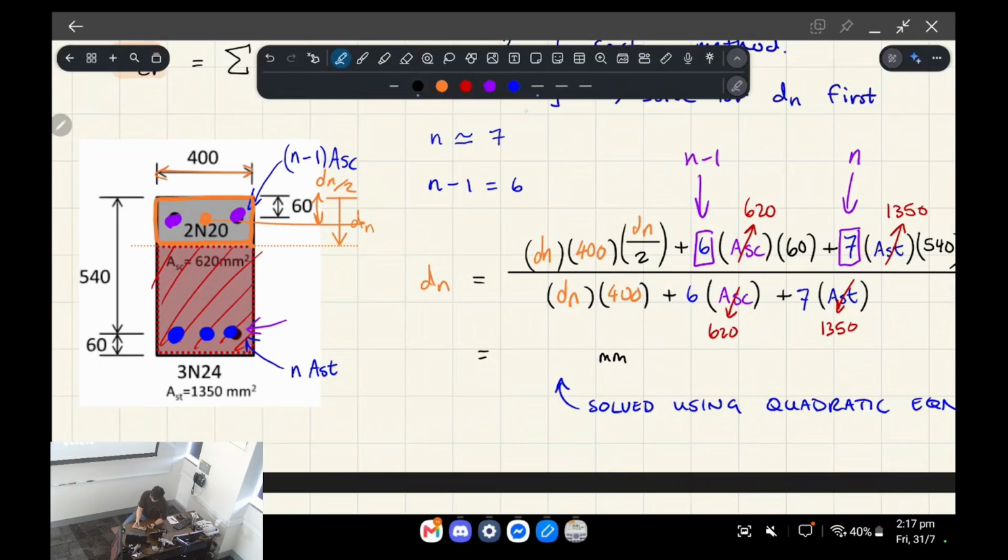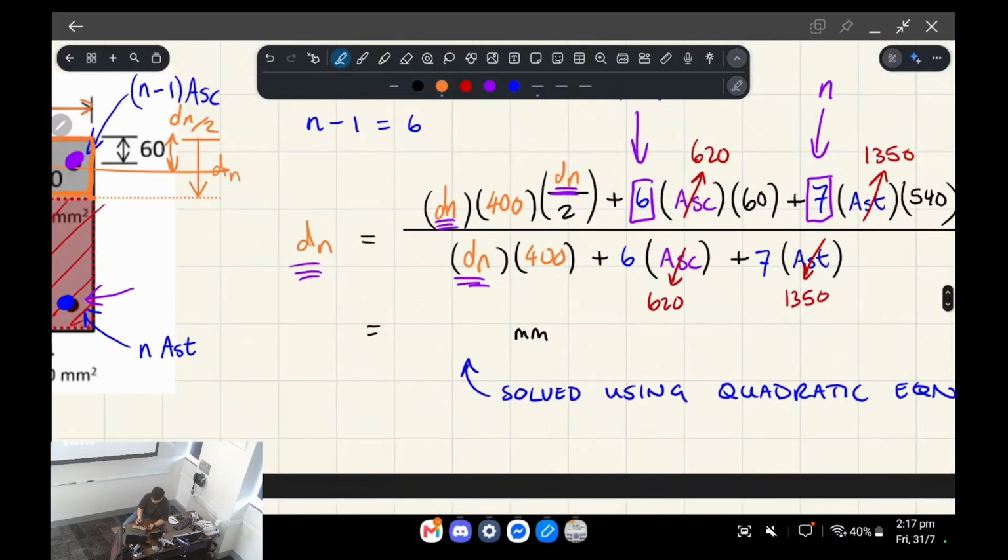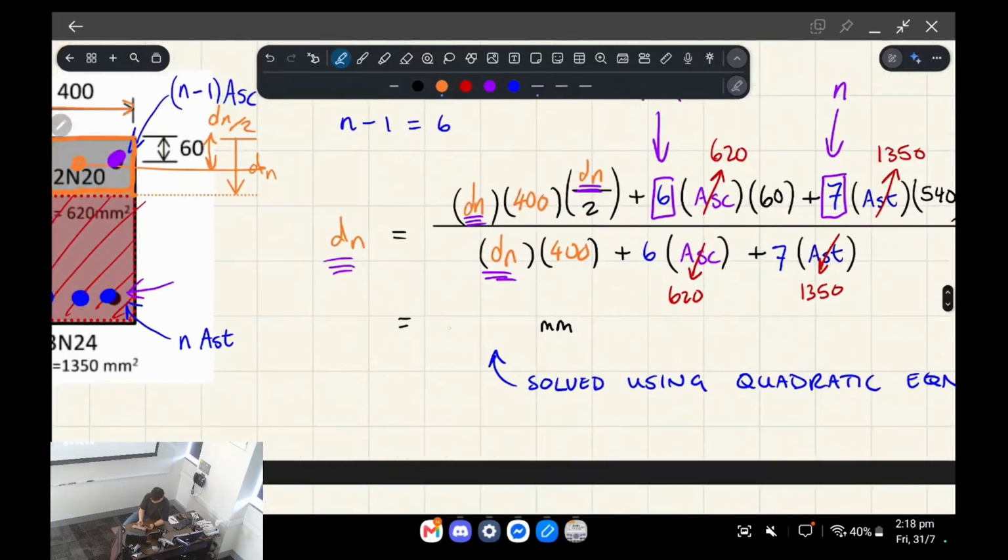So dn is going to be on the left-hand side, and then there's going to be this component, which is dn multiplied by dn, and dn will also be in the fraction. When you work this out, it's going to be a quadratic, and you're going to get two answers, one negative and one positive.